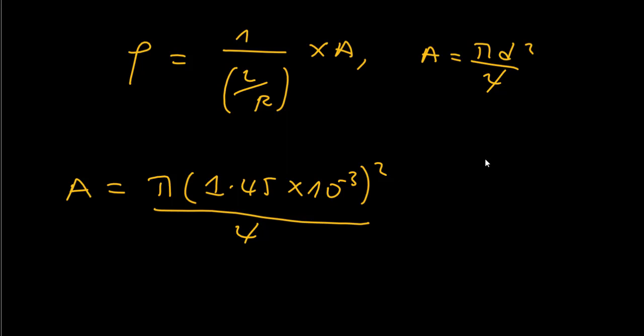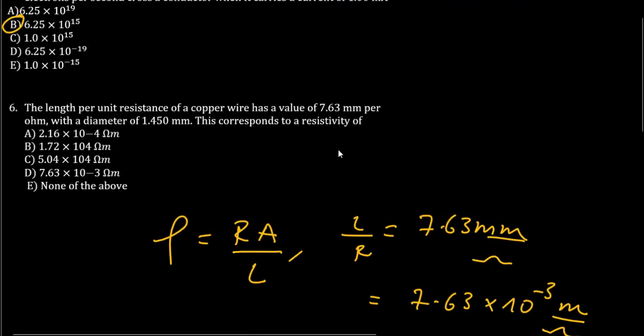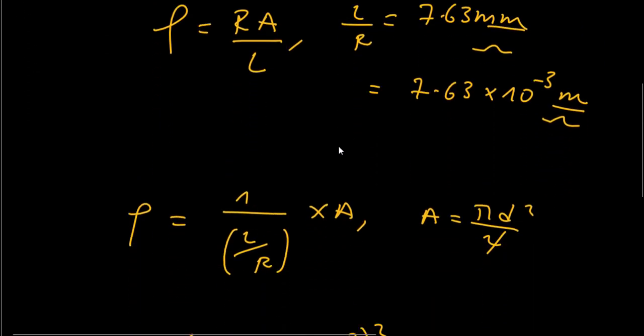So we have a cross-sectional area of 1.65 times 10 to the negative 6 meter square. In most cases, it is better for us to do the numerical application so that we can have the exact answer amongst the options.